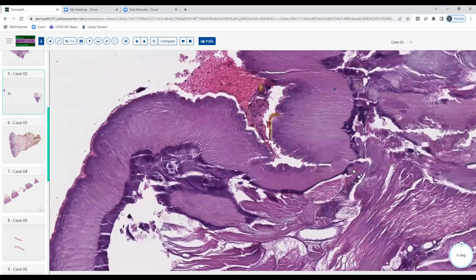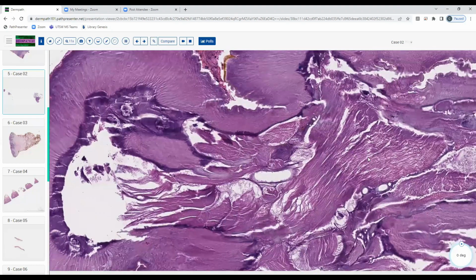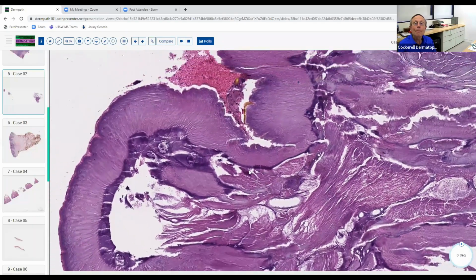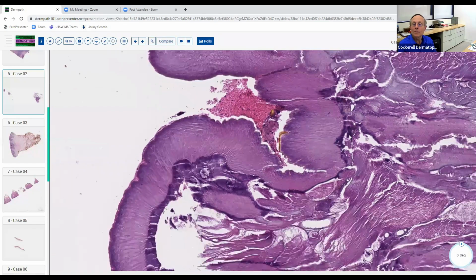Yeah. And then there was what looks like skeletal muscle with striations. Good. Excellent. And then I think those yellow brown things are chitin. Good. That's exactly right.